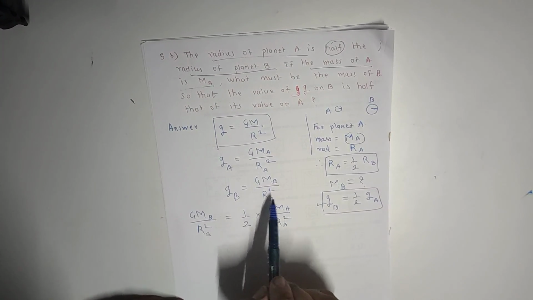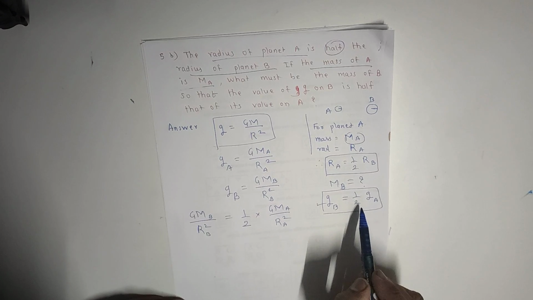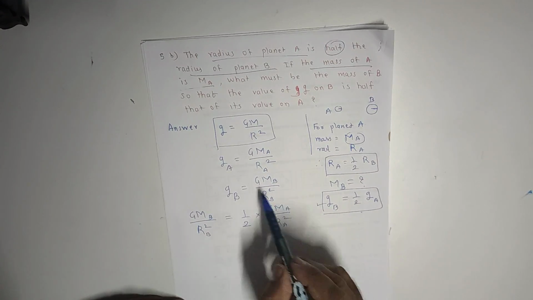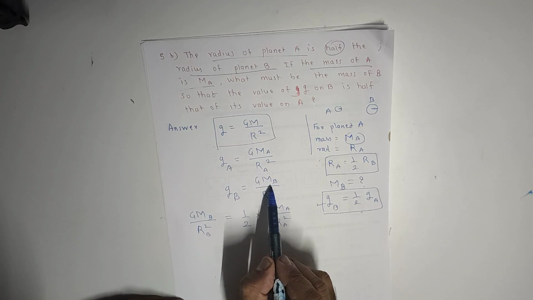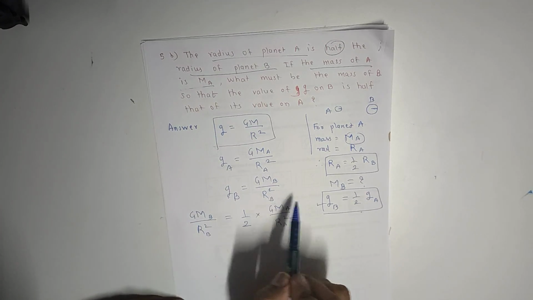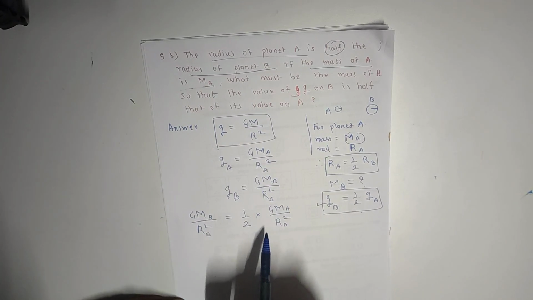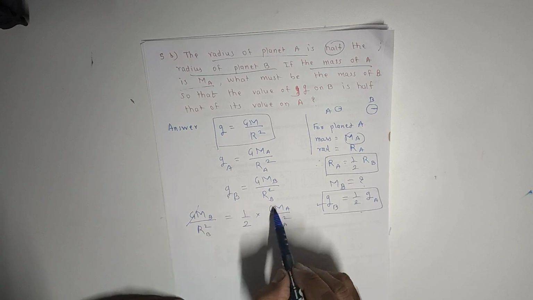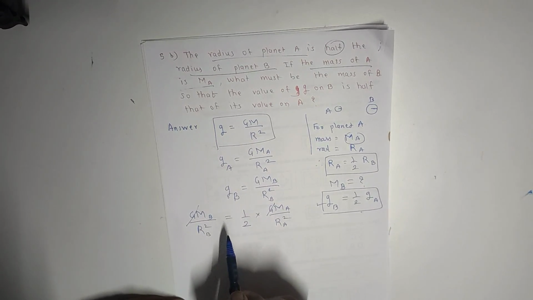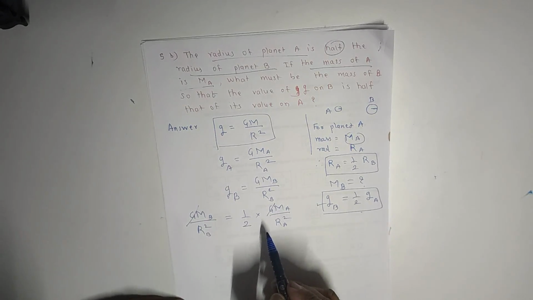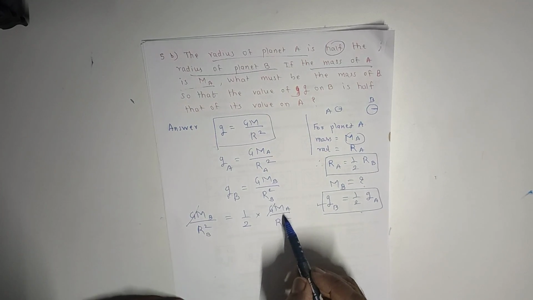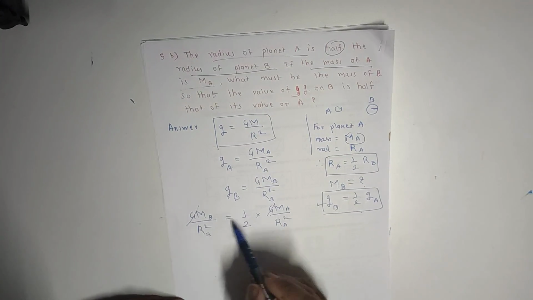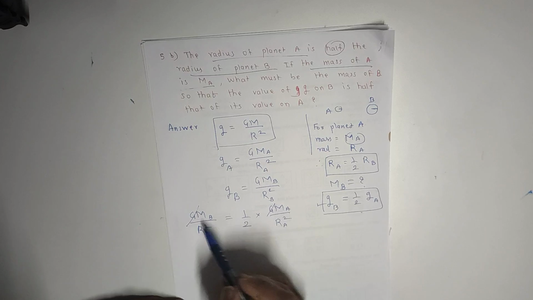With the help of this expression we can write GB, that is, this RHS: GMB upon RB square is equal to half this expression. G and G cancel. Now we want to express this in relation with mass of B and mass of A. Therefore take MB on this side, RA square on this side.